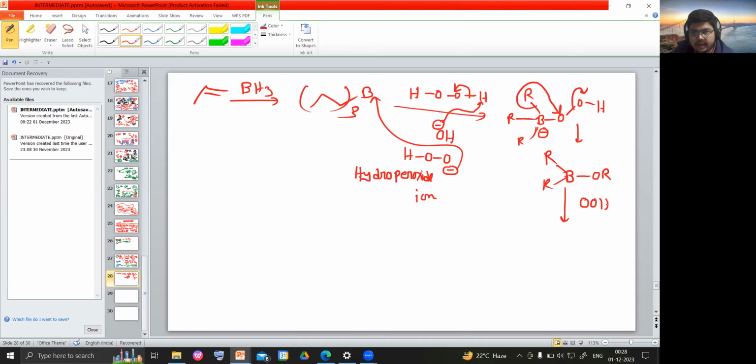Simply, another hydroperoxide ion attacks, and another R migrates. So again B, OR, OR, R. Again another OOH minus, again migration. So B(OR)3, the trialkoxide boron, is formed.